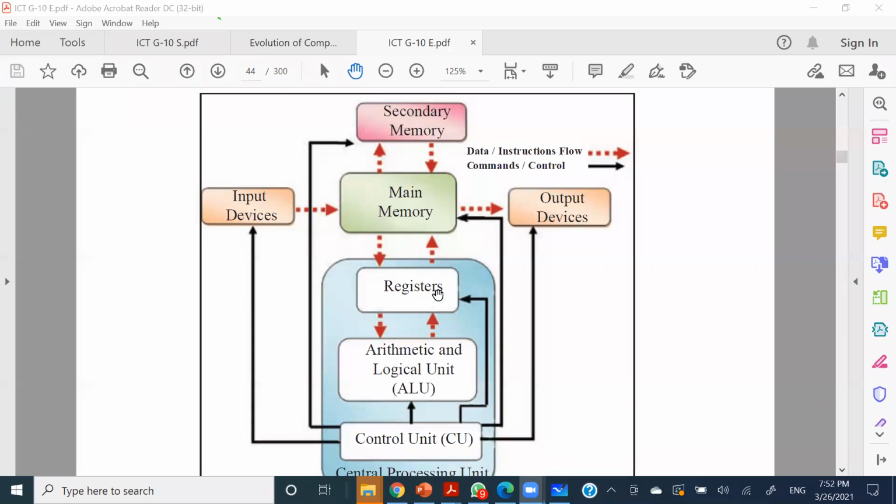Inside the central processing unit, there are registers. The registers catch the instruction sent by the main memory, and that instruction will be given to the ALU, the arithmetic and logic unit, and it will execute that particular instruction in a mathematical manner or in a logical manner, right?